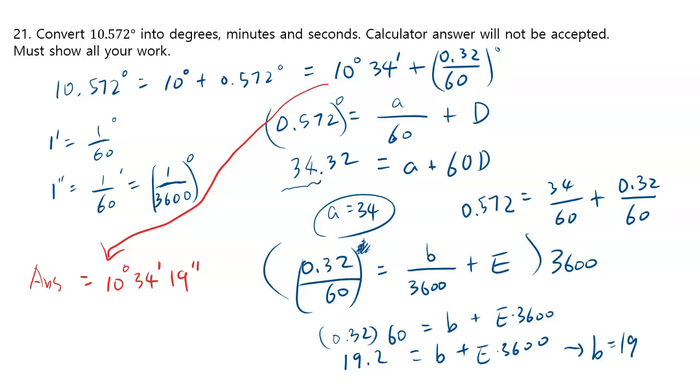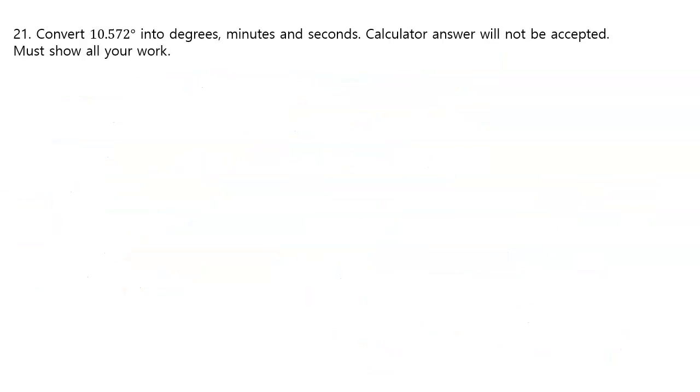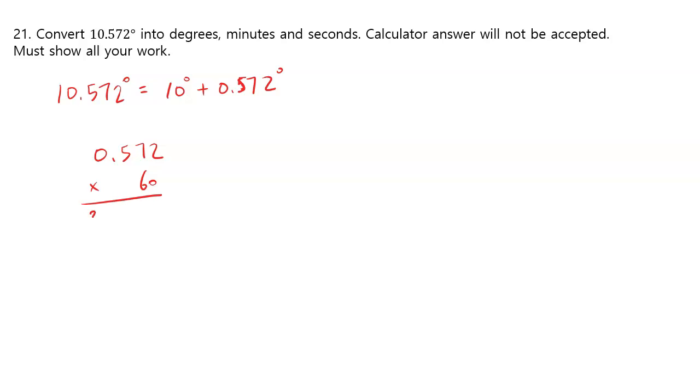Now I still want to show you a shortcut. So what's the shortcut or more streamlined approach? Well, first you rewrite this as 10 degrees plus 0.572 degrees. And then what you do is you multiply 0.572 times 60 to get 34.32.